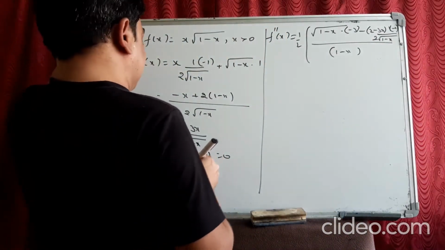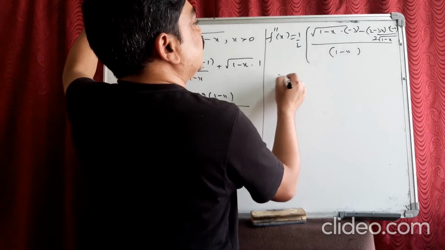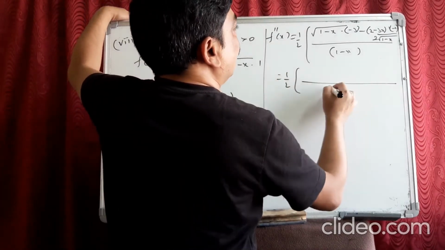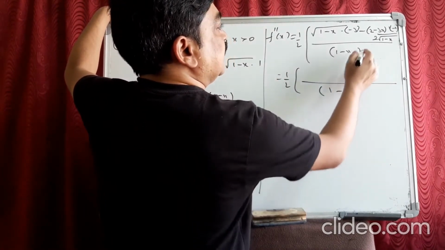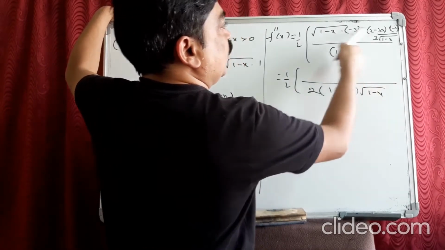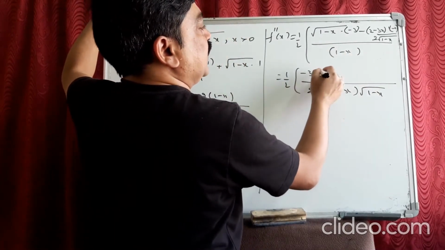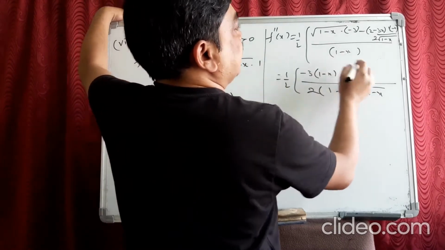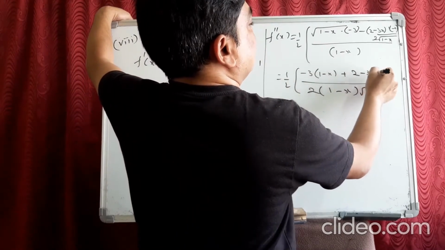Now when I take LCM, it becomes 1 by 2 of 1 minus x to root 1 minus x. When you multiply this, it becomes minus 3 of 1 minus x plus 2 minus 3x.